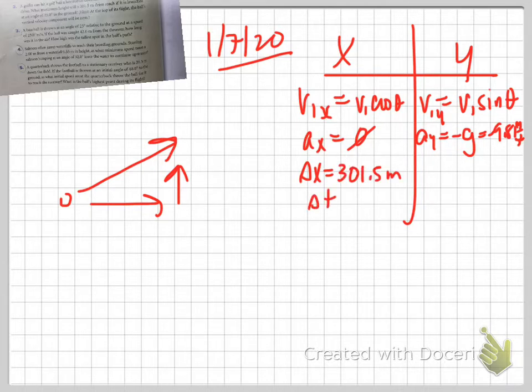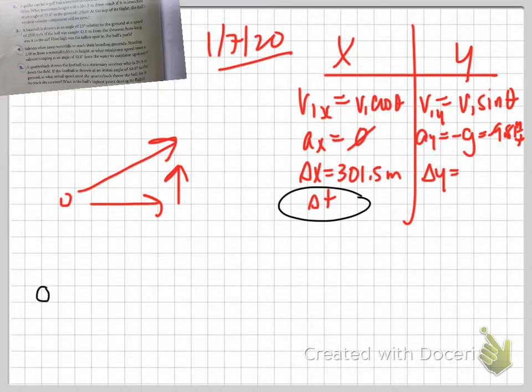Delta t I'll just leave sitting right there because we know that's going to be the bridge that connects our axes. Do we have a delta y? Well, actually we do. So let's talk about thinking about the situation. That's why these problems are so hard, because you have to think about what's actually happening with this object.